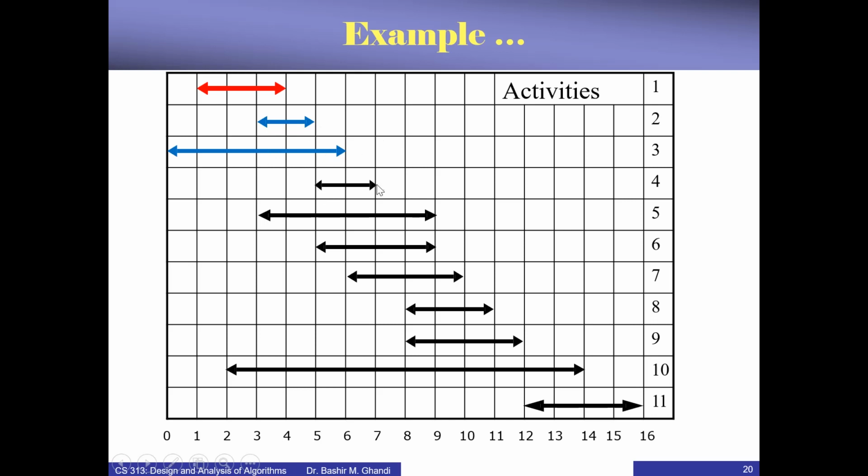But when you come to this one, you see that its starting time is after the finishing time of our A1. Therefore, we're going to accept this as belonging to the optimal solution. So I'm going to mark it in red. And then now you again recursively call, but this time with this as your current index for k.